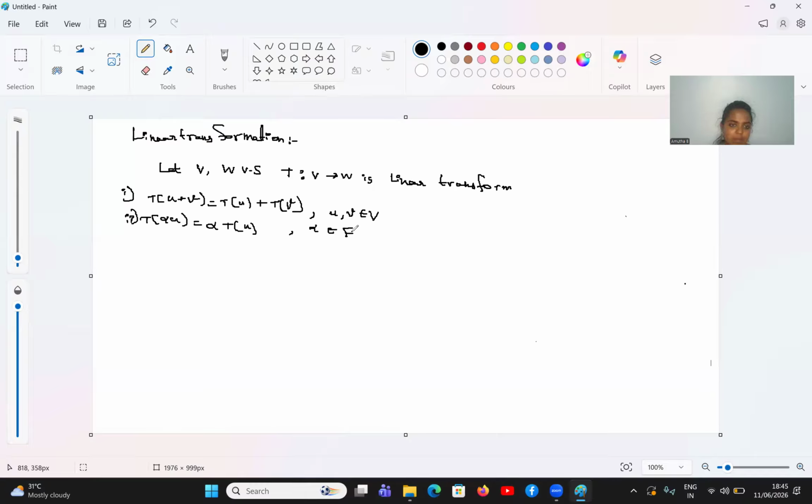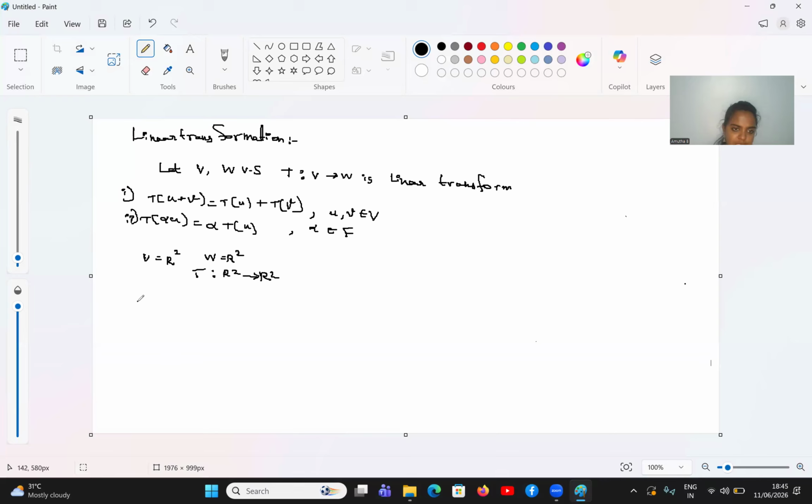For example, I'm giving one example for you. I'm writing a vector space, that is V equal to R2, W equal to R2. So, I am giving a map. T is R2 to R2.